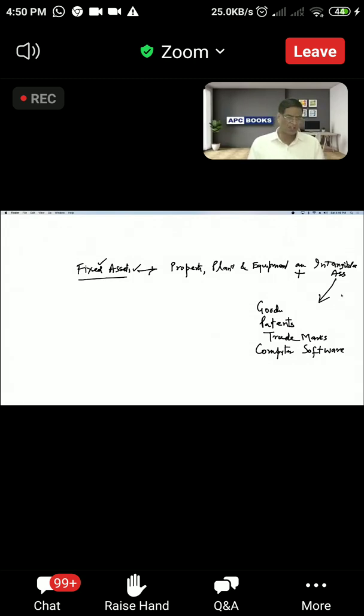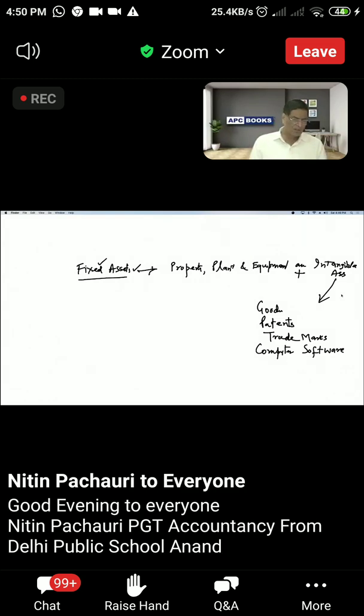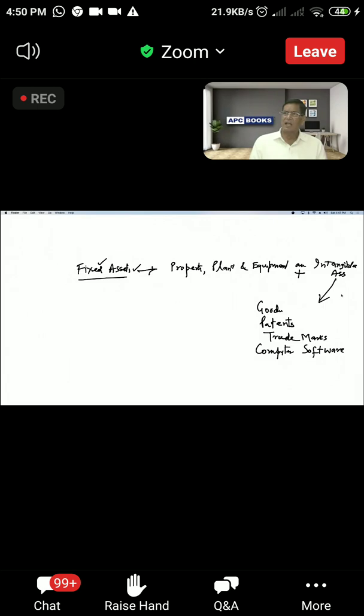Fixed assets turnover ratio, net fixed assets, quite simple. Revenue from operations: average inventory multiplied by 5 gives us the cost of revenue from operations.